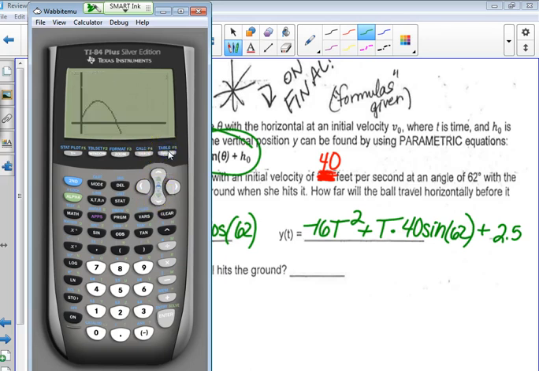I have 50. This is not the greatest window, but it goes about 43.2 feet away. Okay, it's not an exact answer, but as close to the ground as I can get. I have a y value of negative 0.9, and that makes the x about 43.2 feet away.